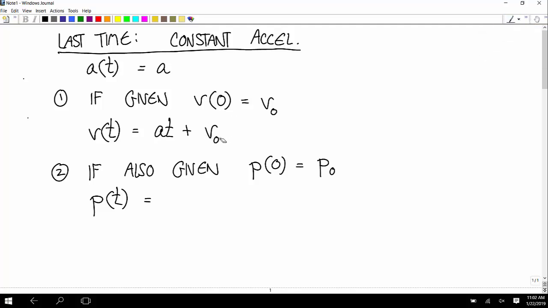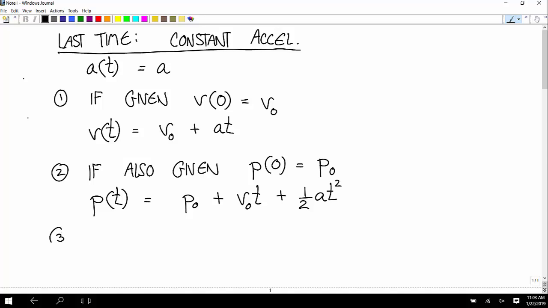I'm just going to rearrange these. I'm not changing the meaning of anything, but I'm putting it in the form that you'll see more often, just changing the order of v0 and the other term. Doing it the same way, the position function is p0 plus v0t plus 1/2 a t squared. You get that from just integrating equation 1 there.